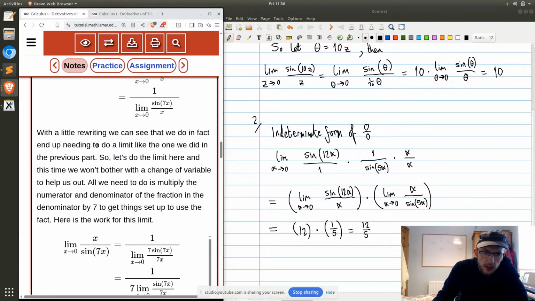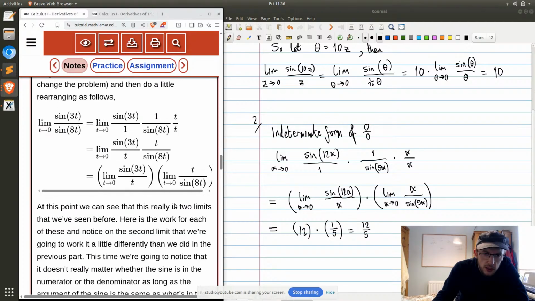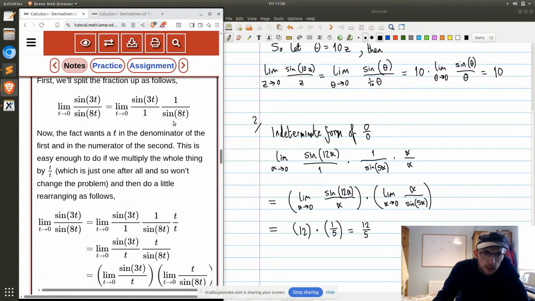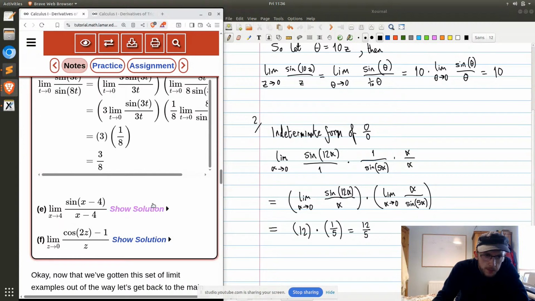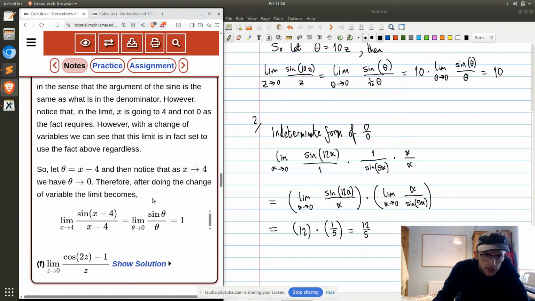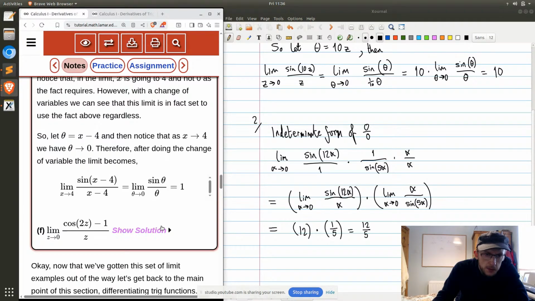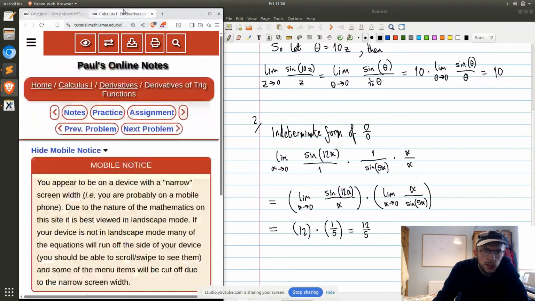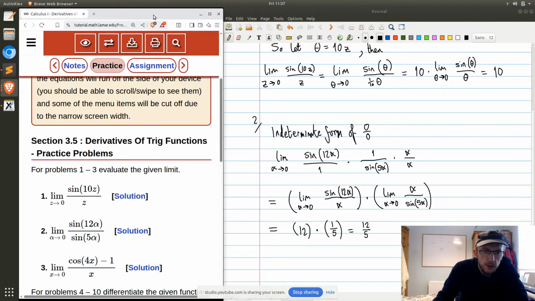So I do believe that it is 12/5. This one here works out to be the nice and tidy 3/8. Right. Back to it. Now we check. And we get the nice and tidy 12/5.